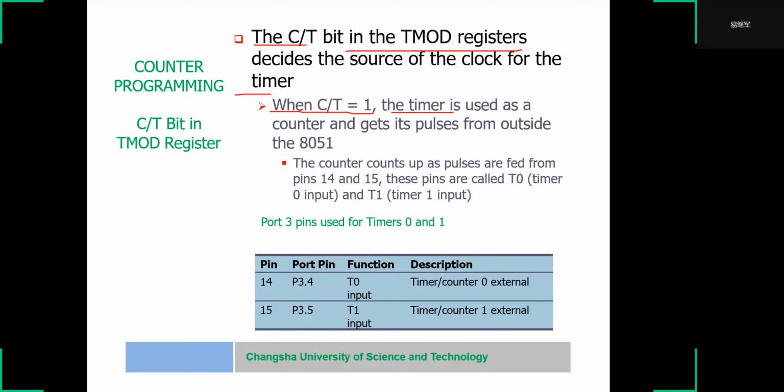The counter counts up as pulses are fed from P3.4 and P3.5. These pins are called T0 and T1. This is part of port 3, an alternative additional function for port 3.